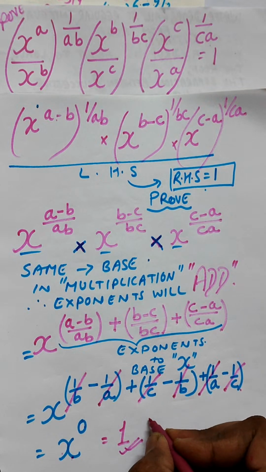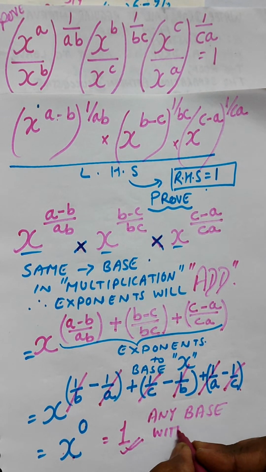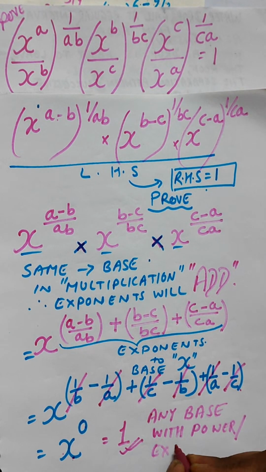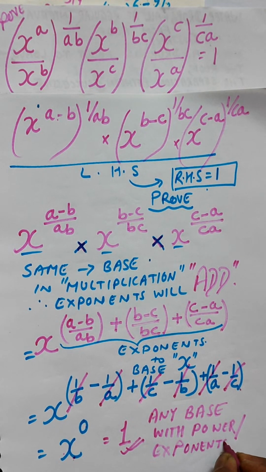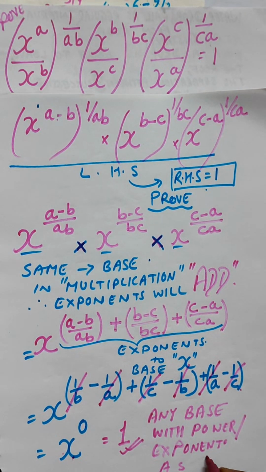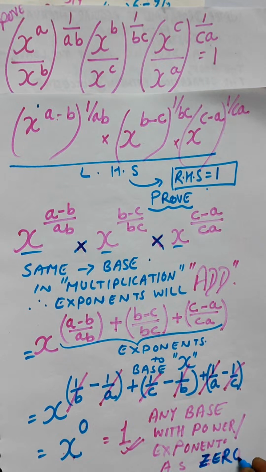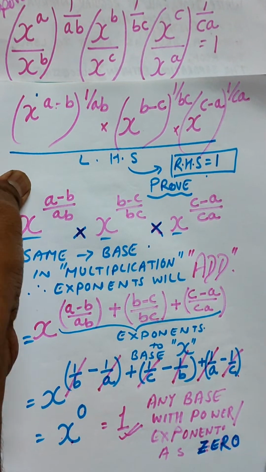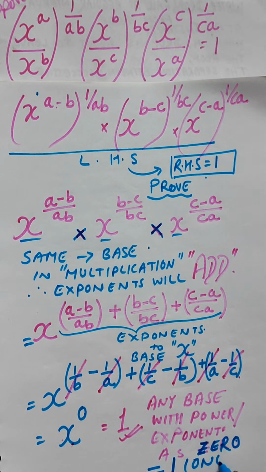So I'm writing this over here, that any base with power, which is also written as exponent, as 0, any base with exponent 0 is equal to 1, right.